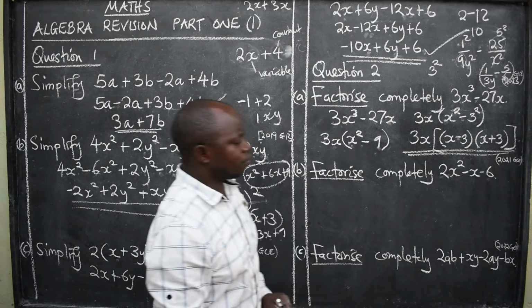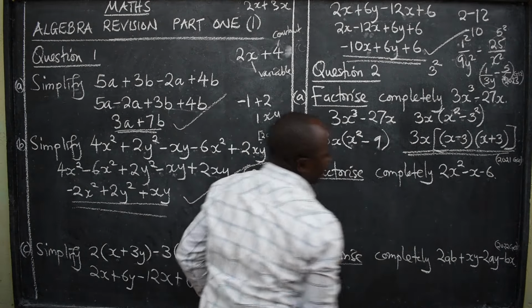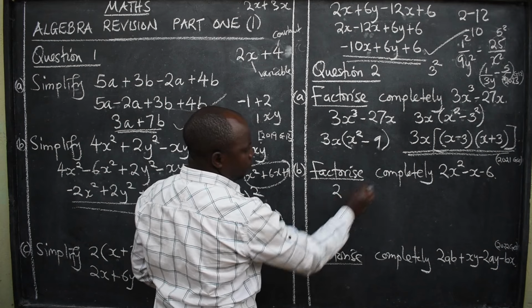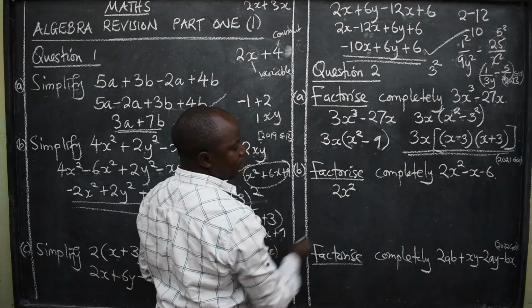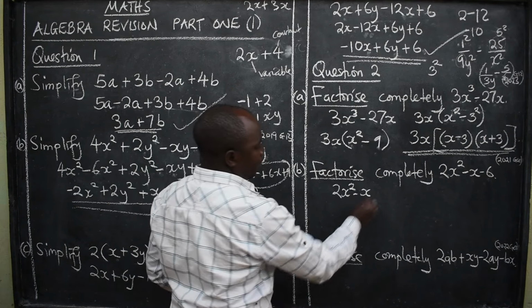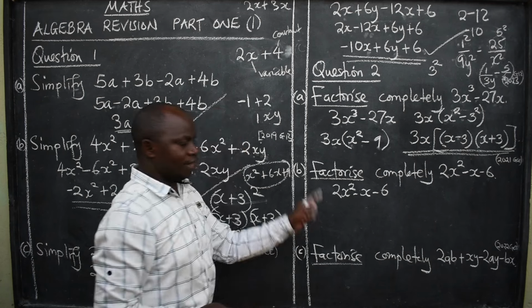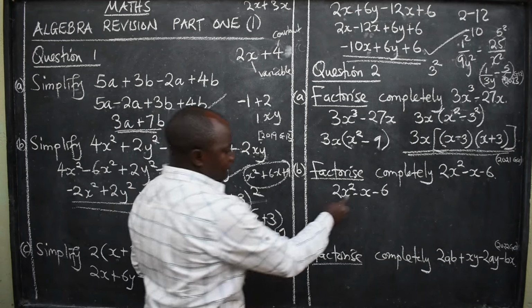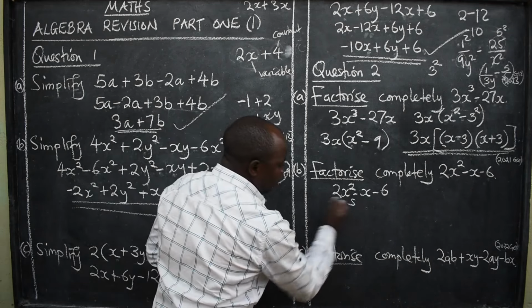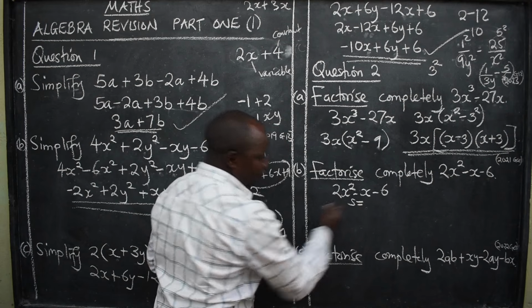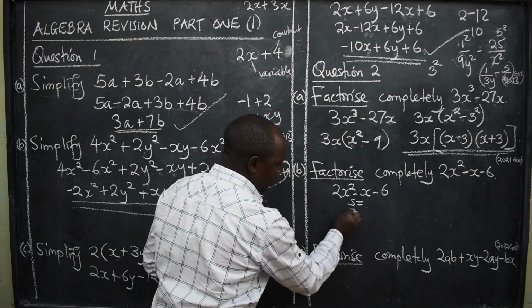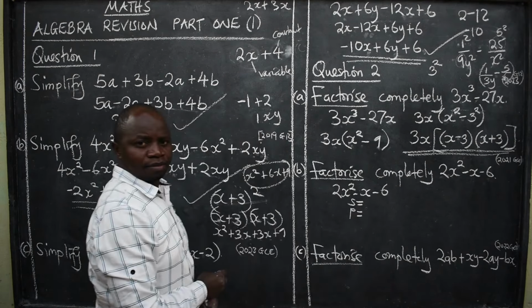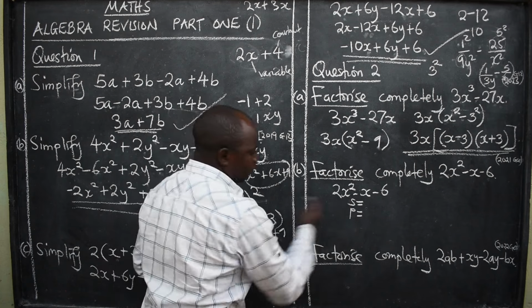For quadratic factorization, we are going to say 2x squared minus x minus 6. 3 of them, huh? So here, you are going to look for what we call sum, I'll write S, and the product, I'll write P. Where do you get this sum and product?